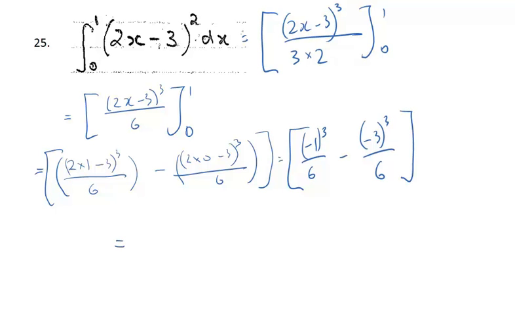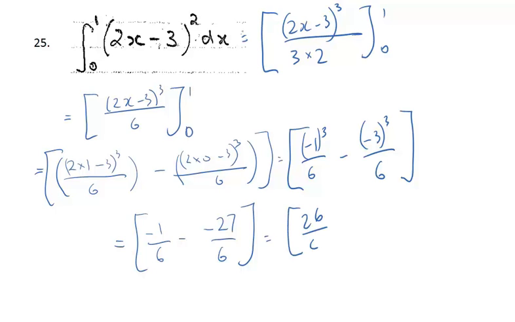So now -1 cubed gives us -1 on 6, minus -3 cubed gives us -27 on 6. So -1 minus 27, so we're going to plus 27, this gives us 26 on 6, which is equal to 4 and 2 on 6, or 4 and a third.